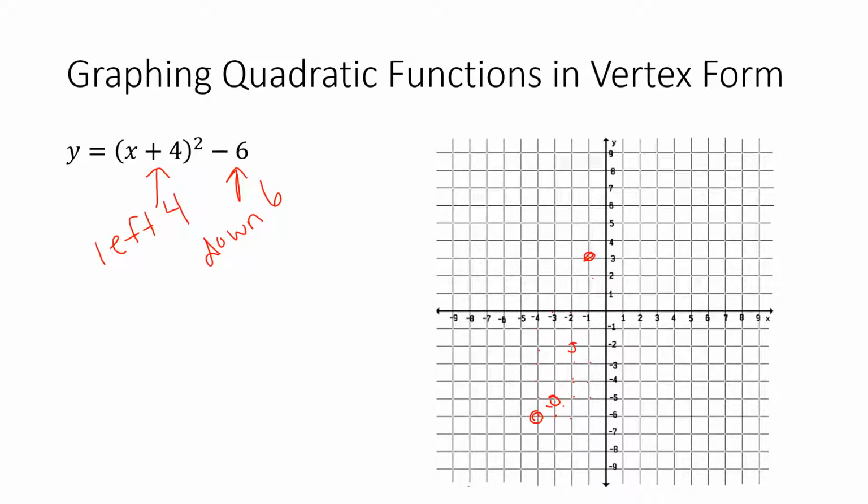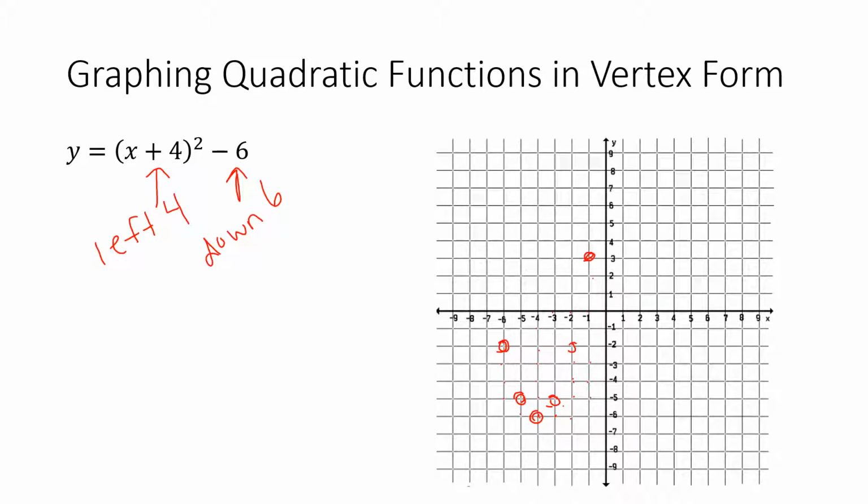Okay, same thing on the left. Go back to your vertex, make a mirror image. Over 1, up 1, because 1 squared is 1. Back to your vertex. We're going to go over 2, and then up 4. 1, 2, 3, 4, because 2 squared is 4.